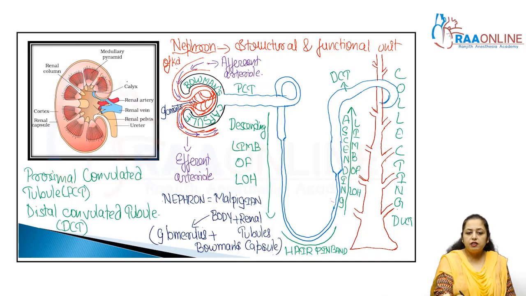When we talk about the internal structure of the kidney, it is divided into two parts: the cortex and the medulla. The cortex is the outer portion, just 1 centimeter in thickness, and inside that is the medulla.